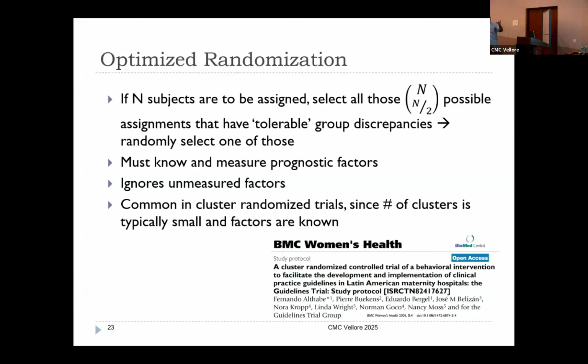So this study that was done, I'll mention it to you. This was done in Argentina and Uruguay on the interesting topic of proper management of the third stage of labor. Those of you in OBGYN can tell me better.